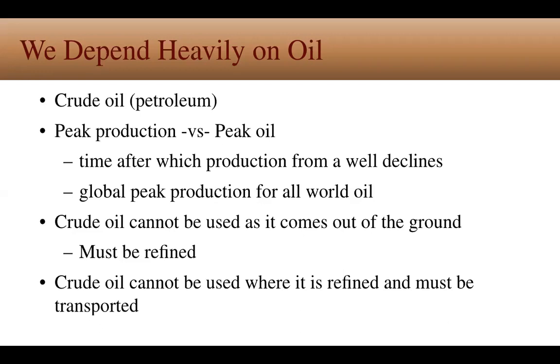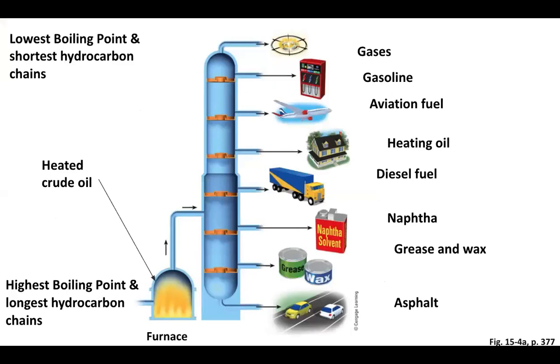The shortest of the hydrocarbon chains, the really short ones that come out of petroleum products, we use to make things like makeup. All kinds of plastic comes from those shorter hydrocarbon chains. So there's much more in a barrel of oil than gasoline. I just want you to think about that as we go forward.